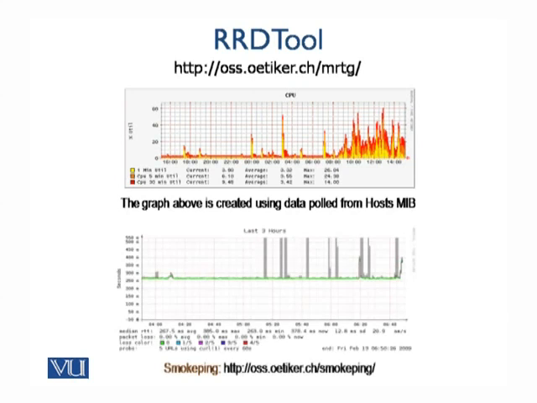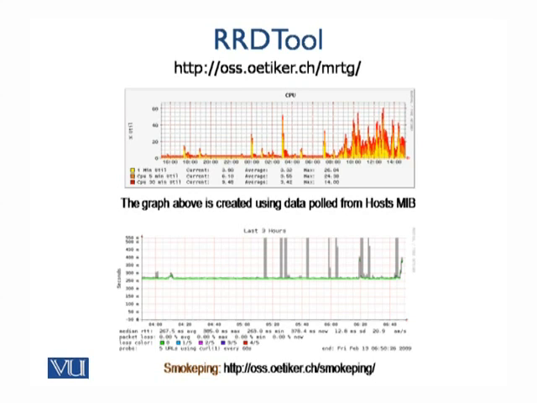For example, the bottom graph, the link of which is given as well, is plotting a graph of the ping latencies, and it is not only graphing the median latency, but it is also showing the variation around the median. So for details, I would advise you to visit this link and see how SmokePing works.